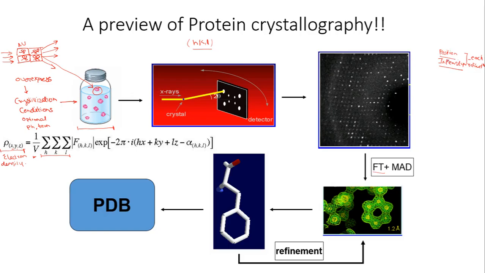From the positions and intensities of the spots that we know, we usually end up calculating this structure factor, what is called F of HKL. So this data from X-ray crystallography, from position and intensity, enables you to calculate the structure factor.